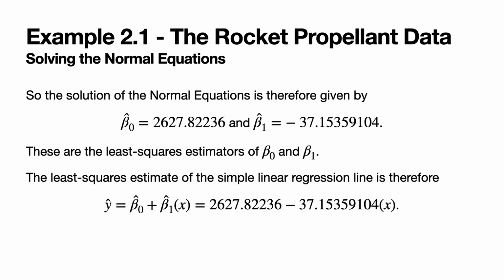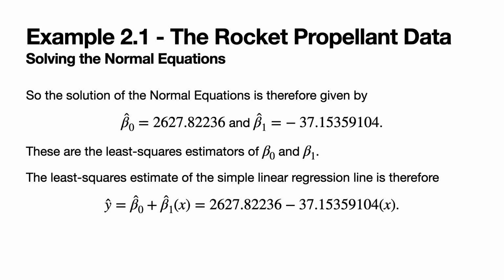And so the least squares estimate of the simple linear regression line is therefore y hat equal to beta 0 hat plus beta 1 hat times x, which is 2627.82236 minus 37.15359104 times x.